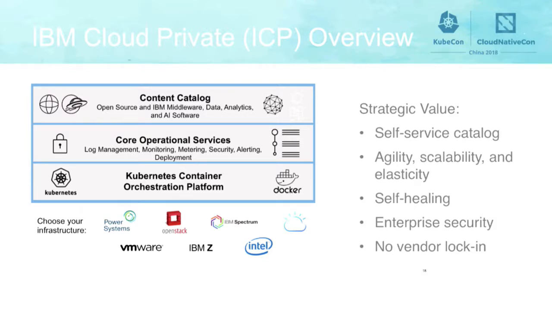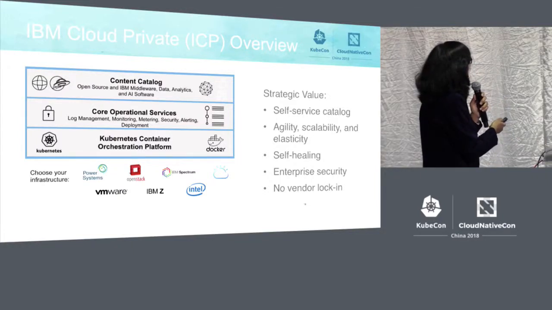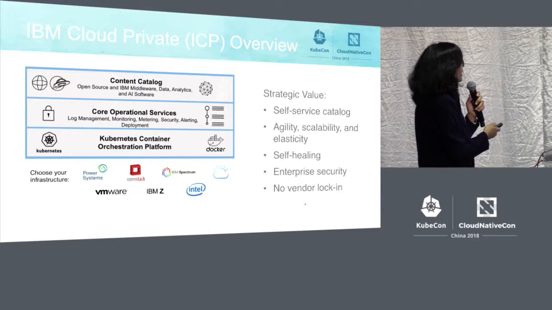We actually have added features in the deployment to make sure that we have security from end to end. So we have implemented impersonation in the tiller to make sure that whoever starts the deployment is the one who is deploying the charts. And then the content catalog. We have a catalog of all the open source.